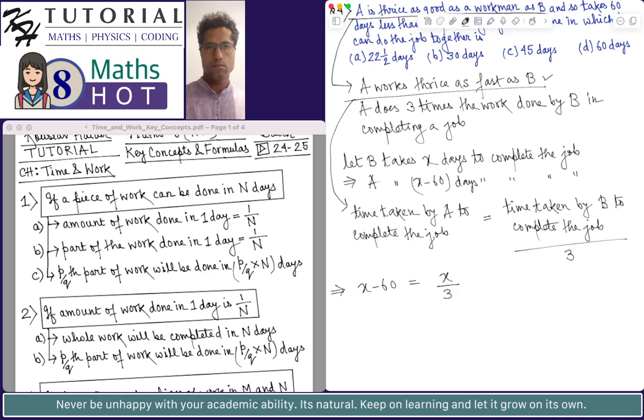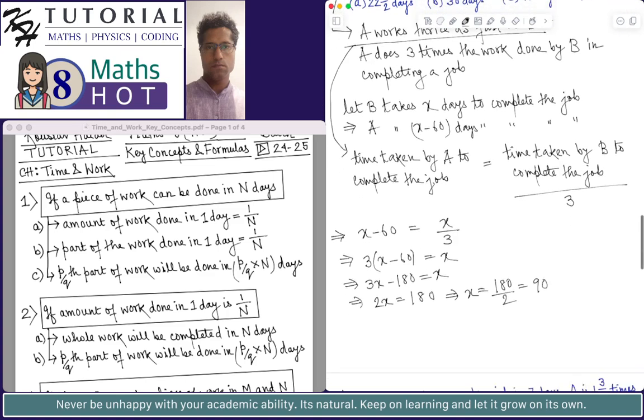So let's first solve the linear equation. Doing cross multiplication, we have 3 into X minus 60 is equal to X. This implies 3X minus 180 is equal to X, so 2X is equal to 180. This implies X is equal to 180 divided by 2, which is 90.